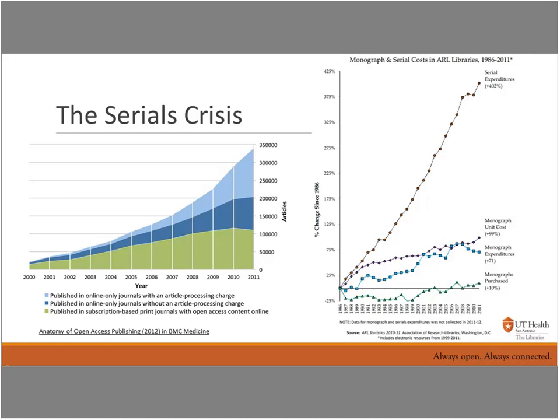Then also, if you look at the graph on the right, this is from the ACRL, and it runs from 1986 to 2011. Again, a bit outdated, but this is the information that's available. You can see that the cost for serials expenditures in ARL libraries over that period of time rose 402%. So libraries were paying 402% more in 2011 than they were paying in 1986 for their journal collections.